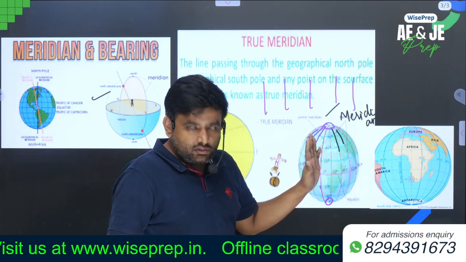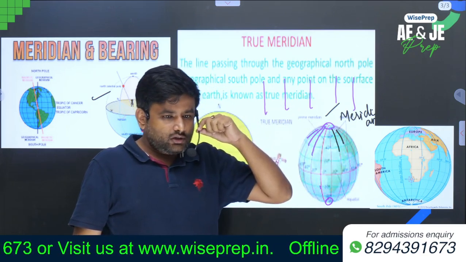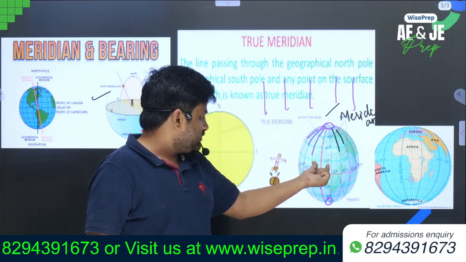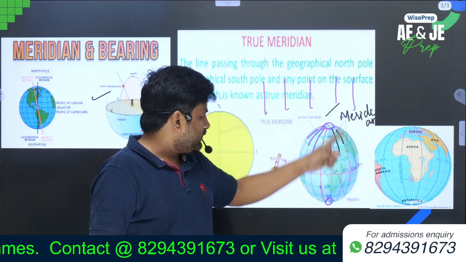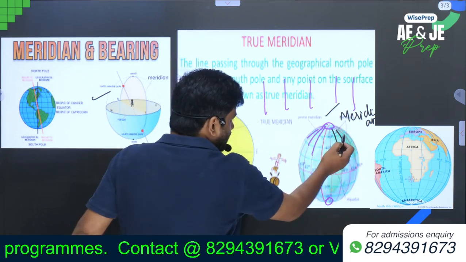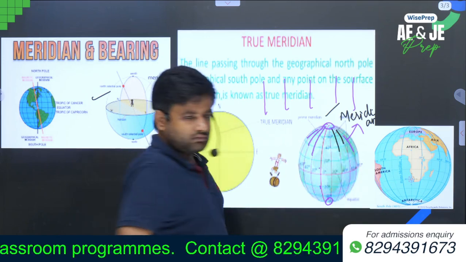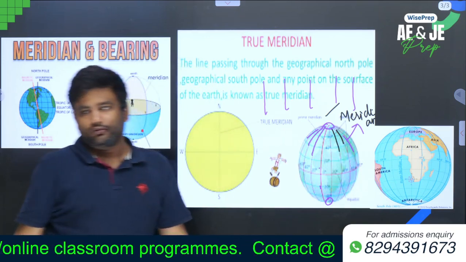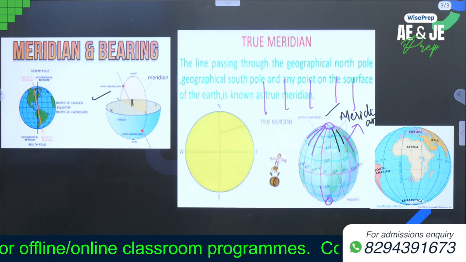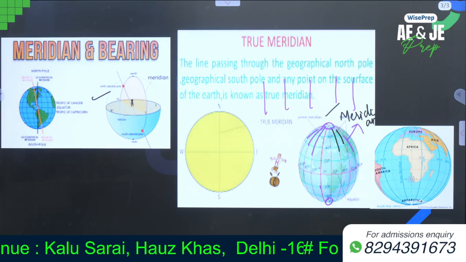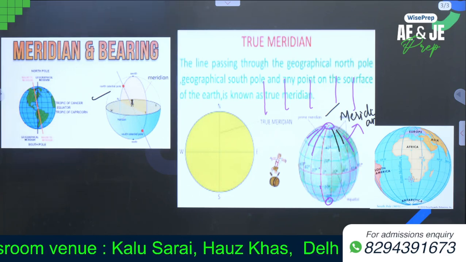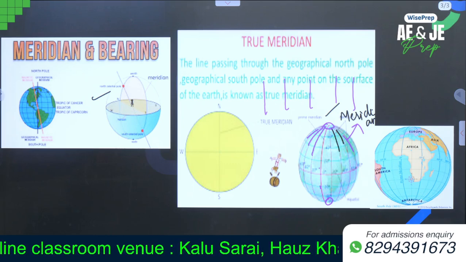Getting my points? So write down what we have written. The last statement is this. Draw this figure like a globe. Make these longitudes and latitudes and converge them at the poles, and write these longitudes as meridians or true meridians.